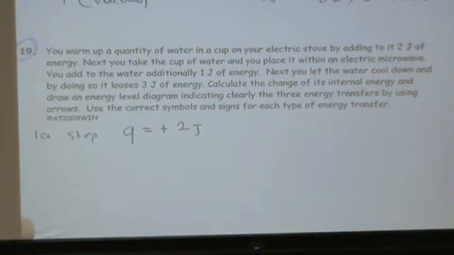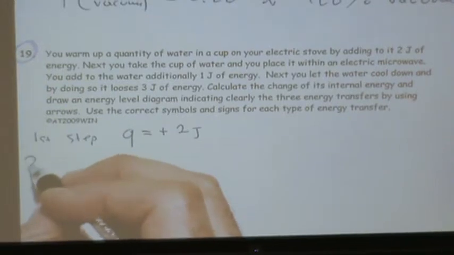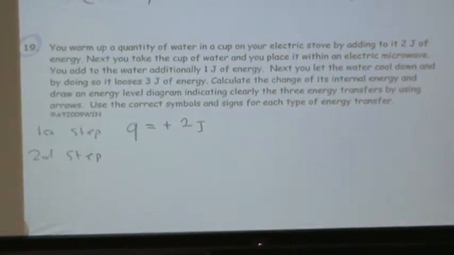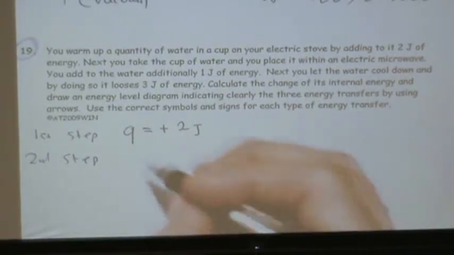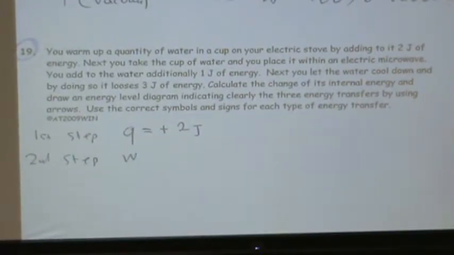You have to understand from where the energy goes to where, right? What is your system? And it's going to be plus if the energy of the system goes up, right? How about the second step? Second step, what am I going to do, W or Q? W, right? You see, there's a lot of things involved. You should be careful here.